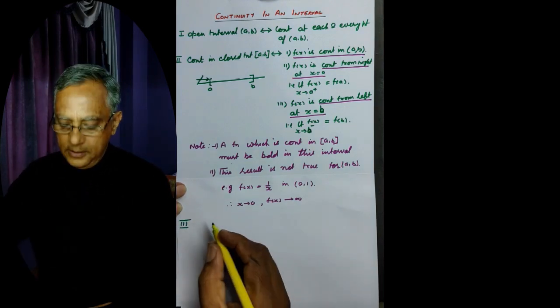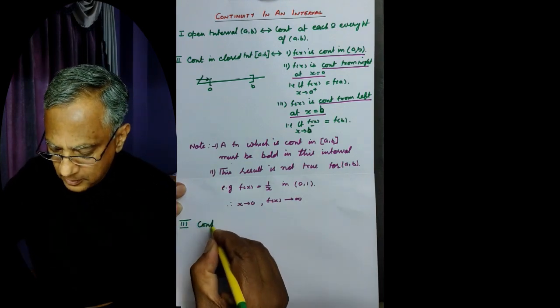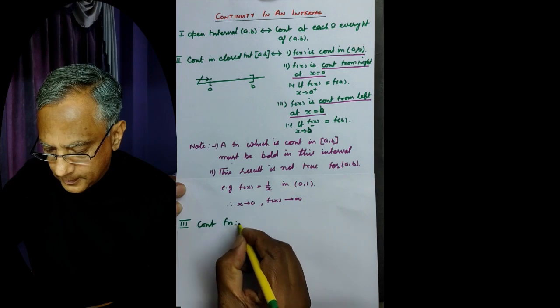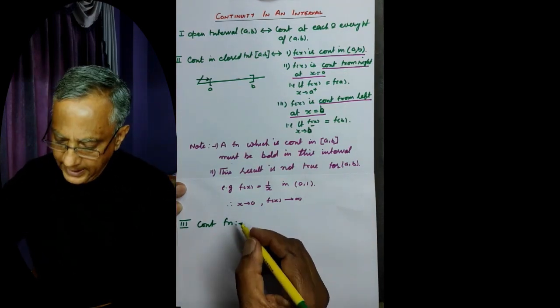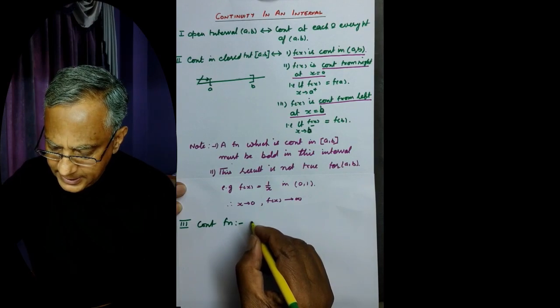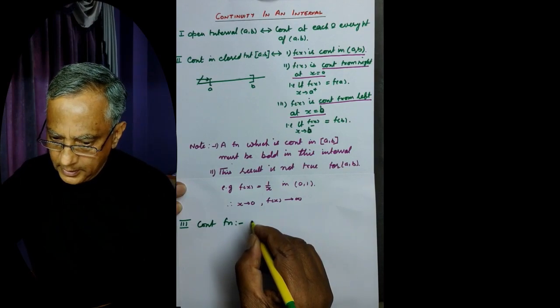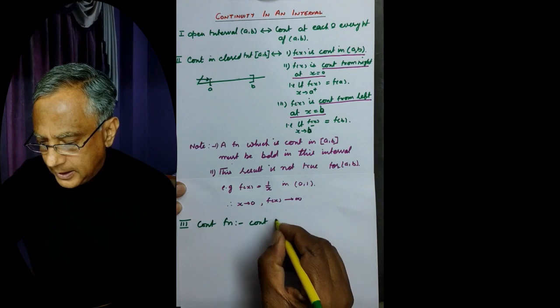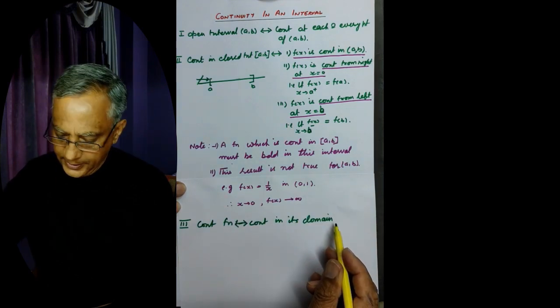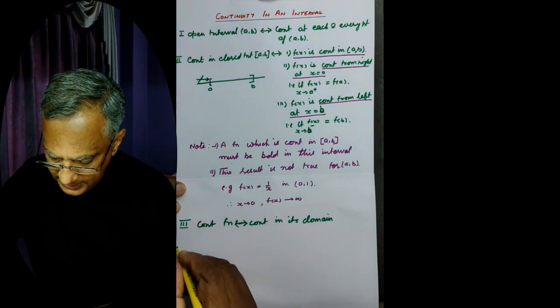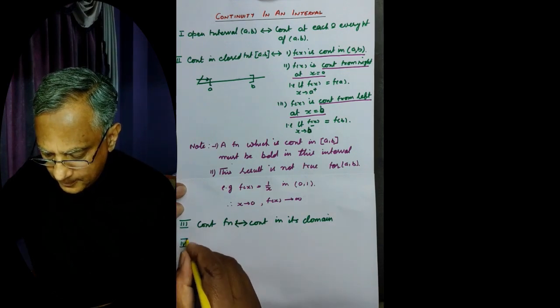Third is continuous function. A function is said to be a continuous function if it is continuous in its domain, continuous in its domain of definition. And fourth is continuous everywhere.